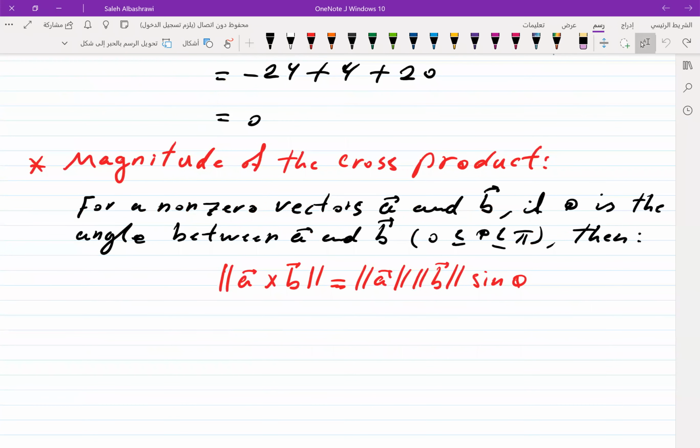Now, if theta equals 0 or 180, the cross product will be 0.